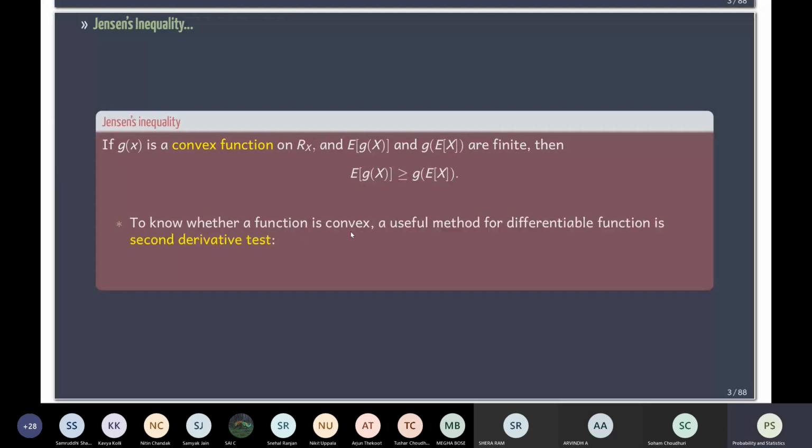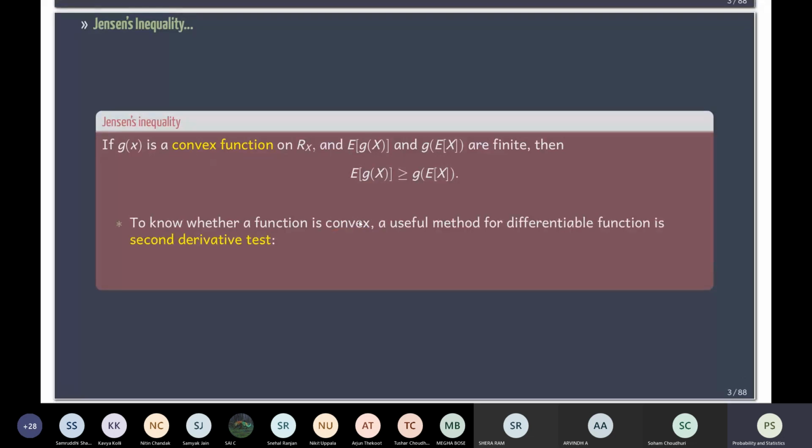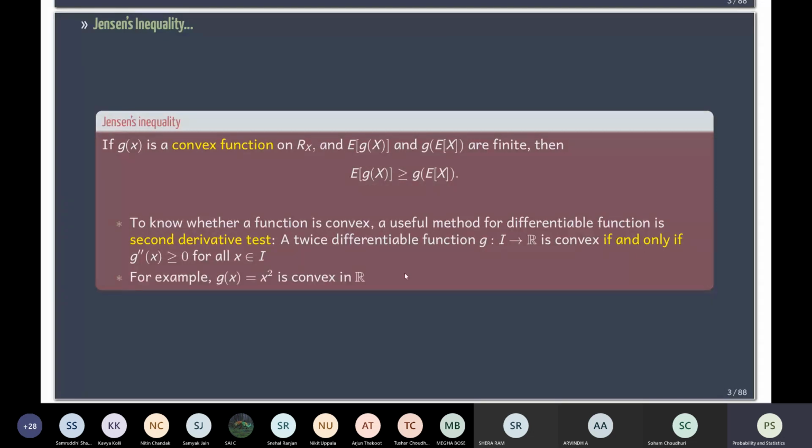To know whether a function is convex, what do we need? How do we know whether a function is convex? Well, we know this from the second derivative test. A useful method, especially if the function is differentiable, is the so-called second derivative test. It suggests the following: a twice differentiable function g is convex if and only if g double prime of x, the double derivative of g, is greater than or equal to 0 for all x in the domain.